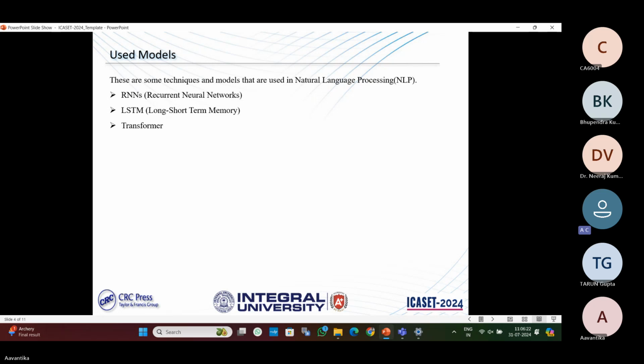LSTM uses a recurrent structure, which means it processes a sequence one element at a time, updating its internal state at each step.